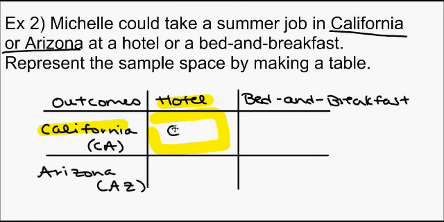So I'm going to write C for California, then H for hotel. The box beneath it is where hotel and Arizona meet. So my answer would be A, H. So this one is C, B for bed and breakfast, and A, B, bed and breakfast. And then this is my sample space.